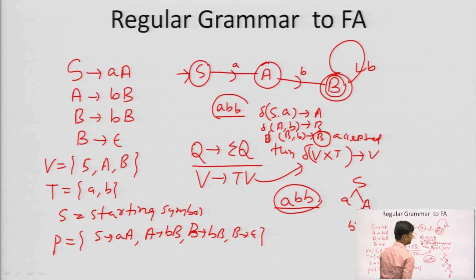So, whatever regular grammar is given, we can also get a finite automata for it. We have already seen finite automata to regular grammar, and regular grammar to finite automata. So, these two are covered.